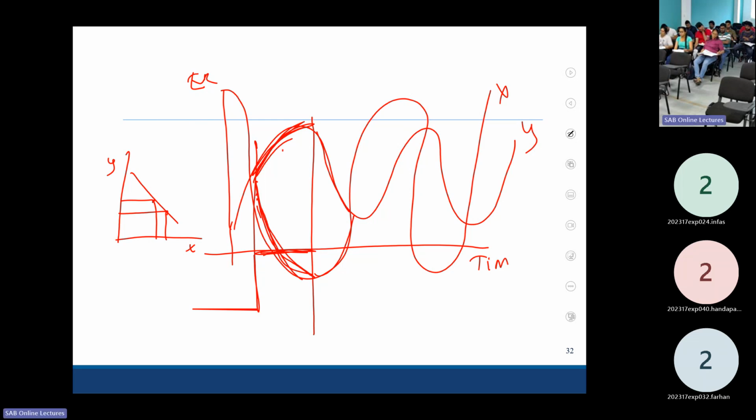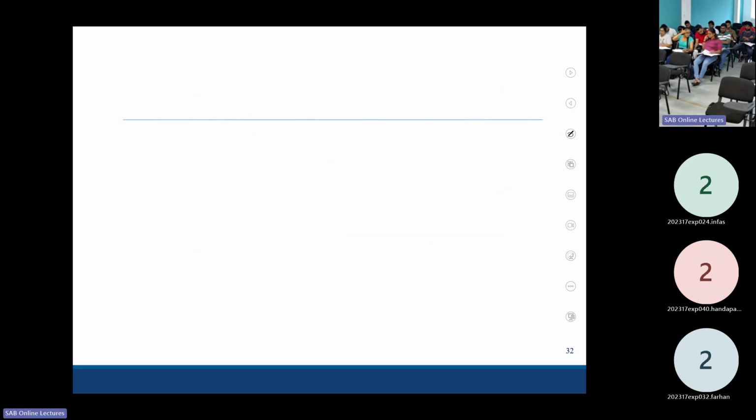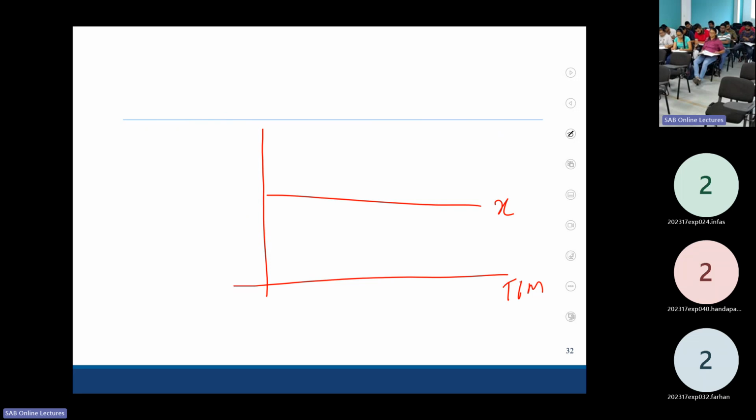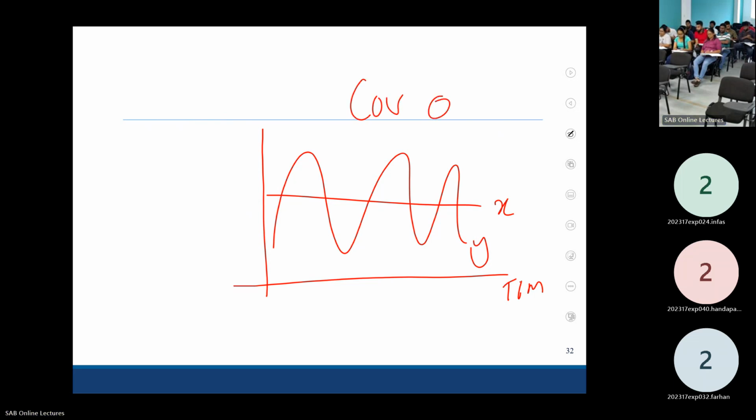Covariance can be positive, negative, or it can be zero. Zero means there is no relationship between these two stocks' returns. Say X is going over time like this, and Y is moving over time like this. There is no relationship between these two stock returns.